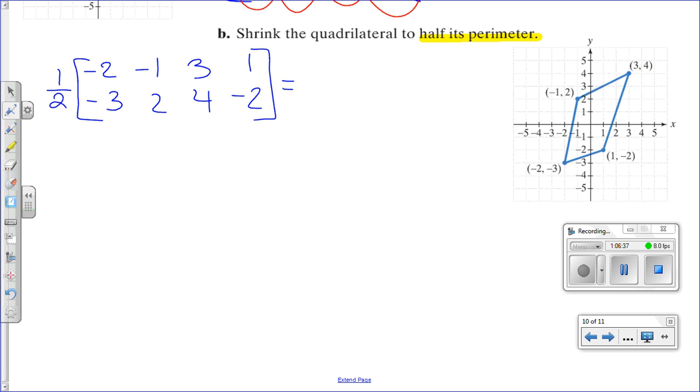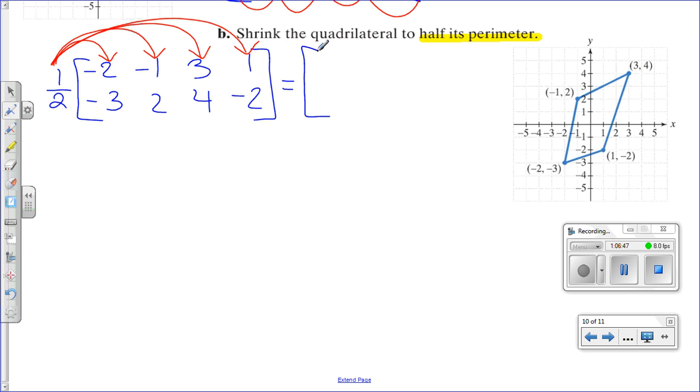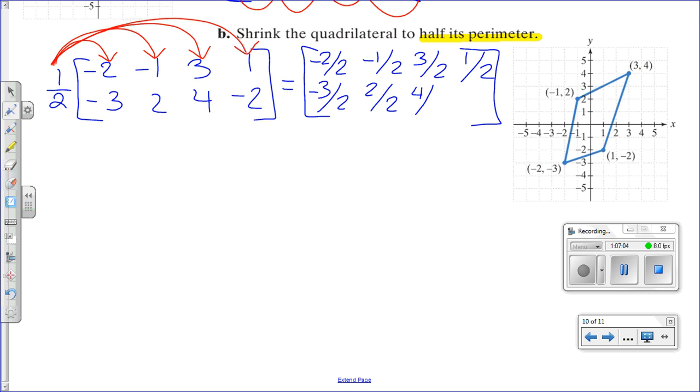And remember, when we multiply by a scalar, we distribute that to every single entry. We're going to take a little shortcut here. So we will say -2 over 2, -1 over 2, 3 over 2, and 1 over 2. Then we have -3 over 2, 2 over 2, 4 over 2, and -2 over 2.